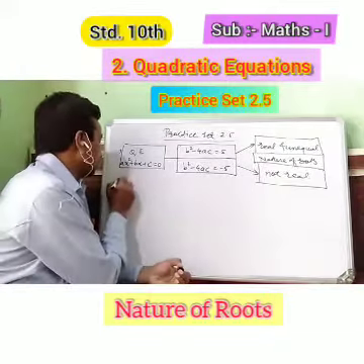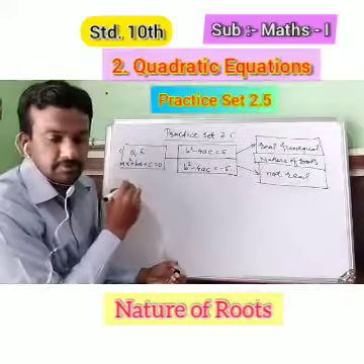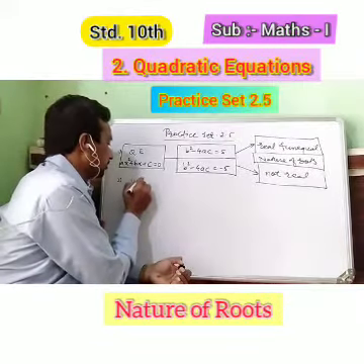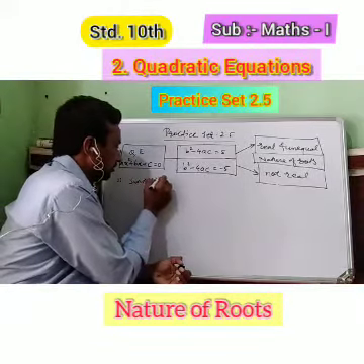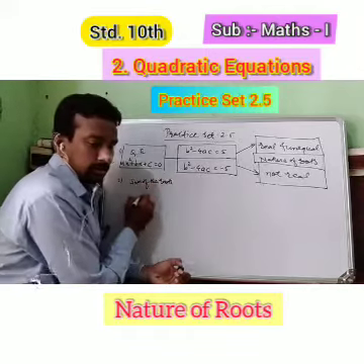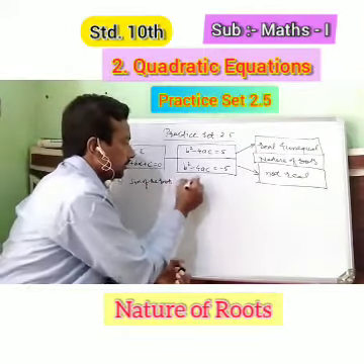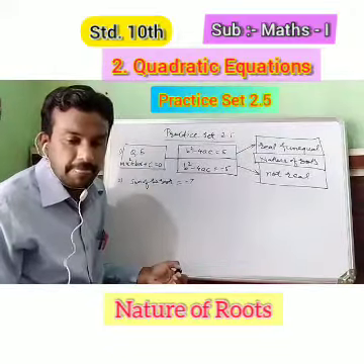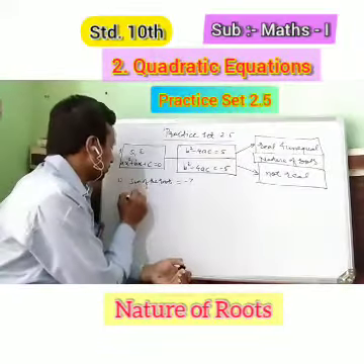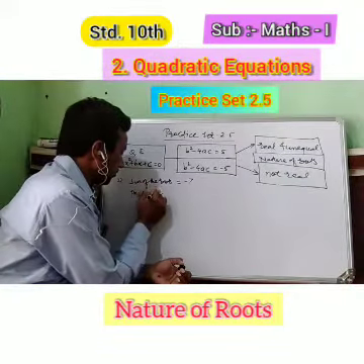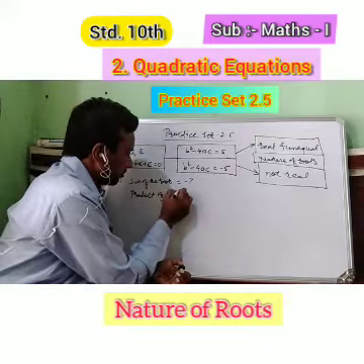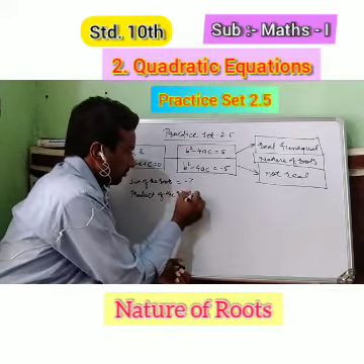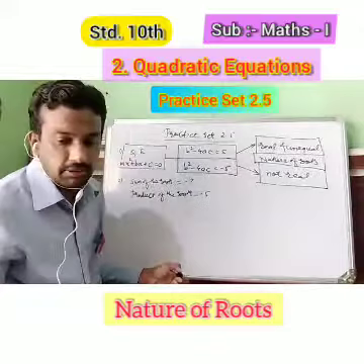For that, there is a formula. Sum of the roots is minus 7 and product of the roots is minus 5.